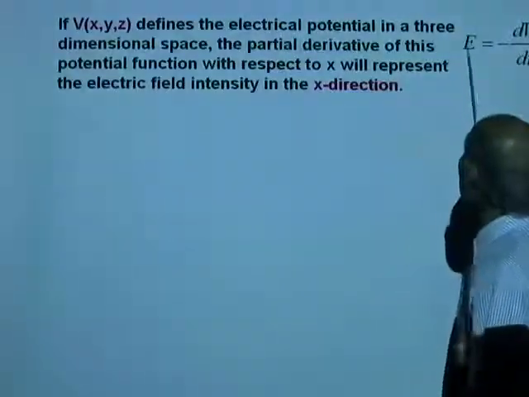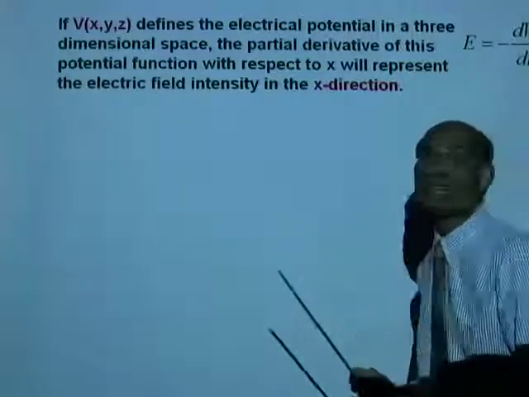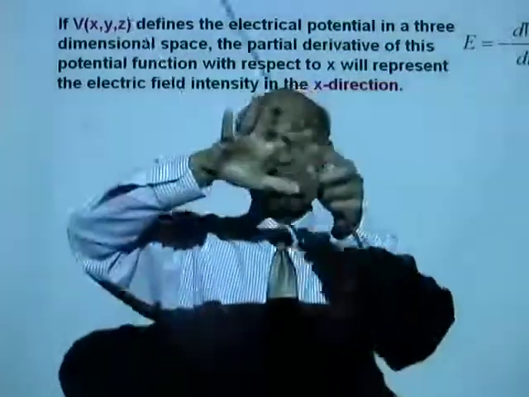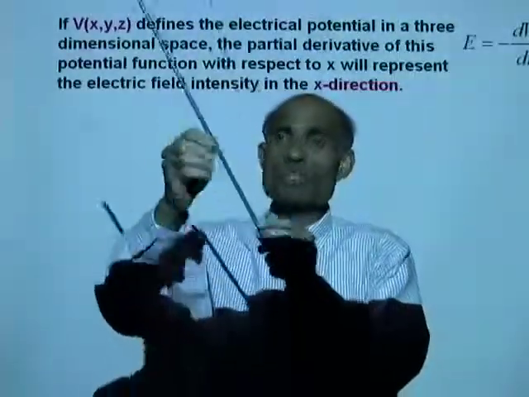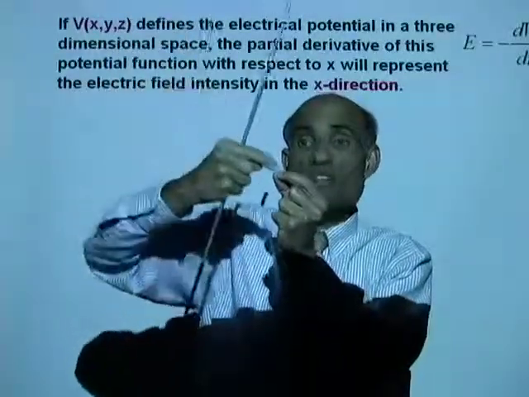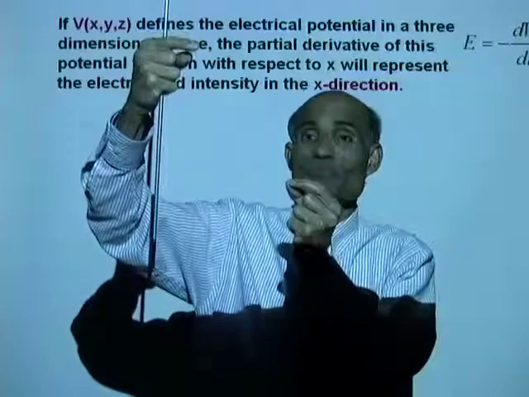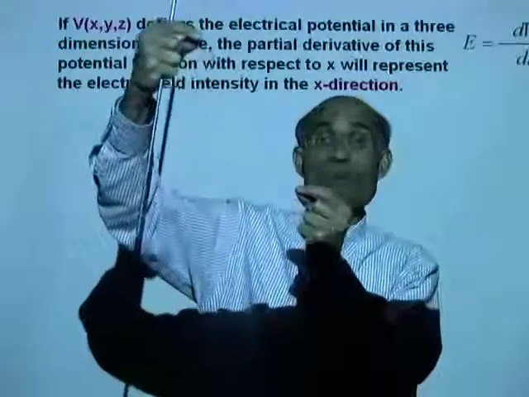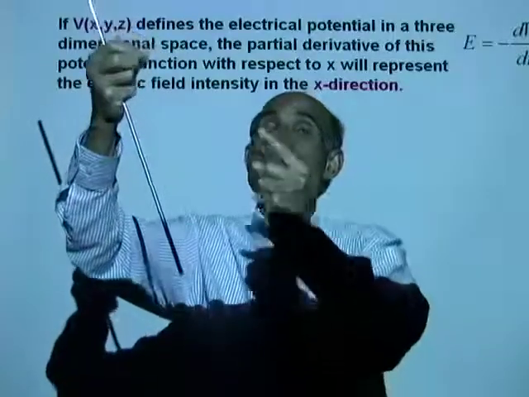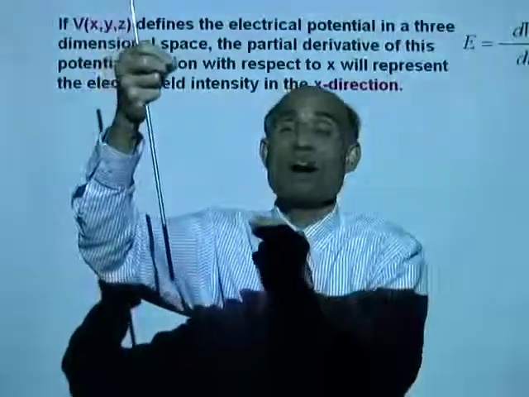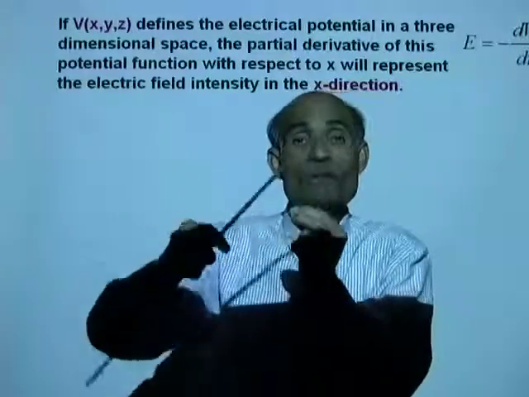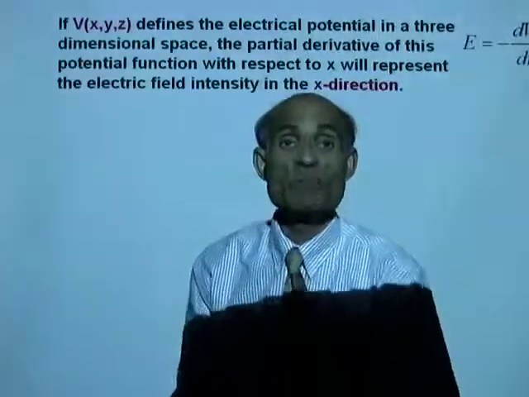Now that is the meaning of E equal to negative dV by dr. You see, if we have an electric field in a region and you take a point at a distance r from the origin, the electric field at this point is negative dV by dr. And you can express it using x components, y components, and z components.